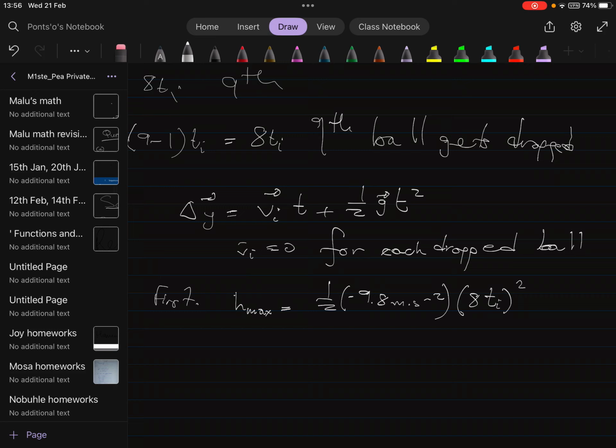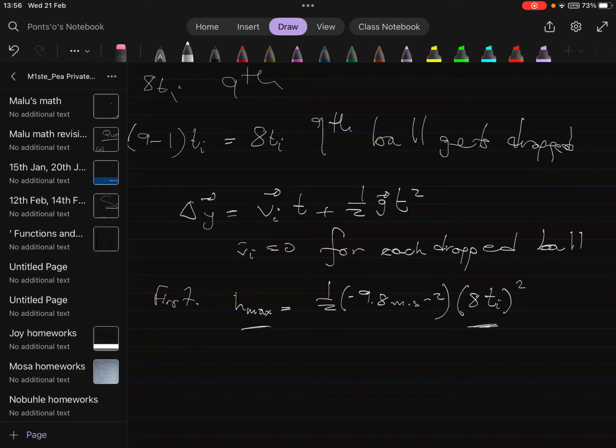This is for the first ball. The reason it's for the first ball is because it would have traveled that much time. So this is the amount of time it would have taken for it to hit the ground, which will give us h max from the top of the tower, or wherever the height of the tower is.